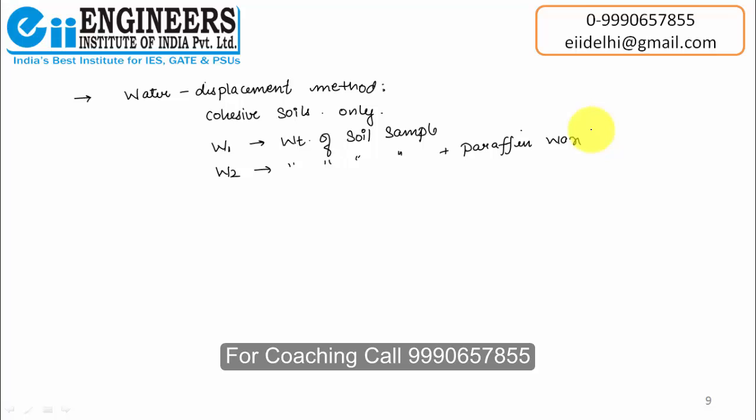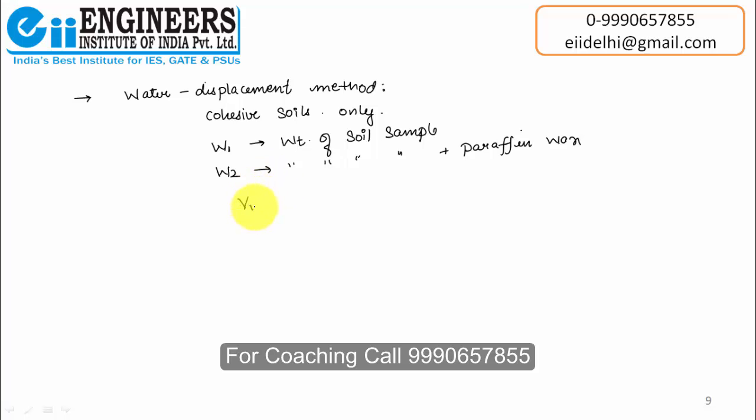Now the coated sample is placed into a metal container which is filled with water up to the brim. When we place this soil sample in it, some of the water is displaced from that container. That displaced water is measured by a measuring jar. The volume of displaced water will be equal to the volume of the sample. So now we know the volume of the sample also.